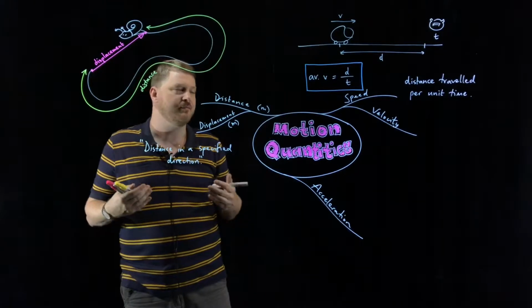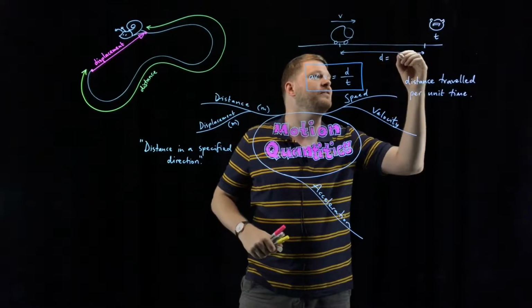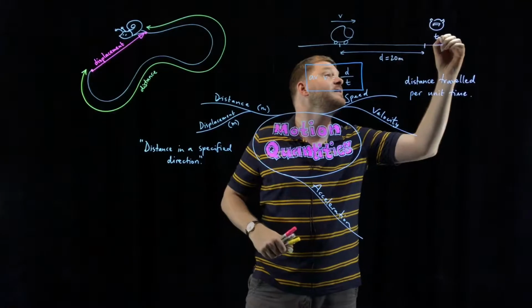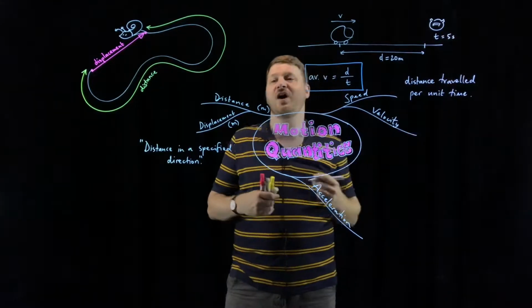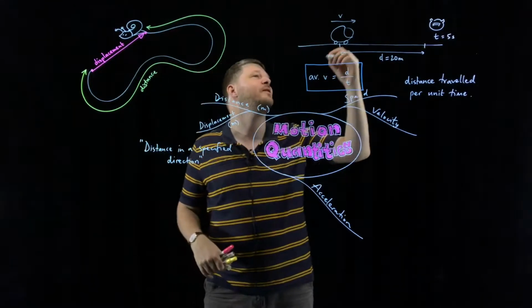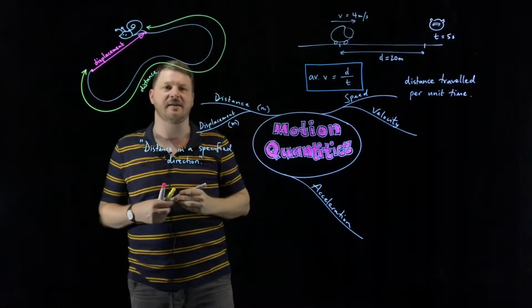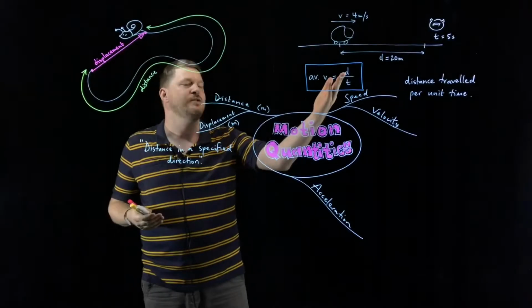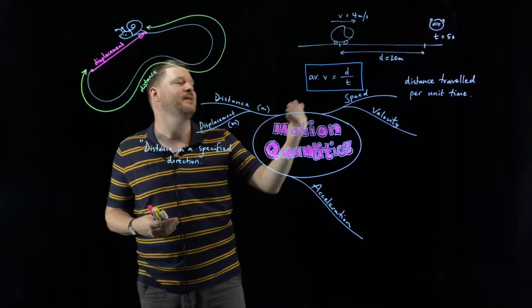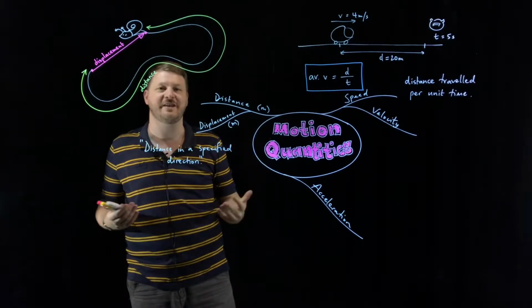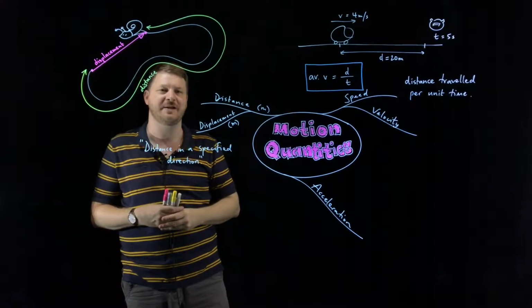And so if the distance travelled is 20 metres, and the time taken for that was 5 seconds, on average, its speed would have been 4 metres per second. And that's how we work out its speed. Using the formula, we simply do 20 divided by 5 gives us our answer of 4 for the average speed of the buggy.